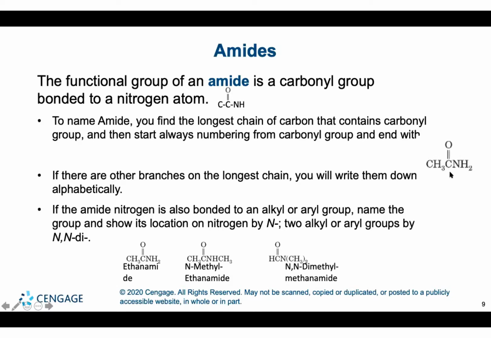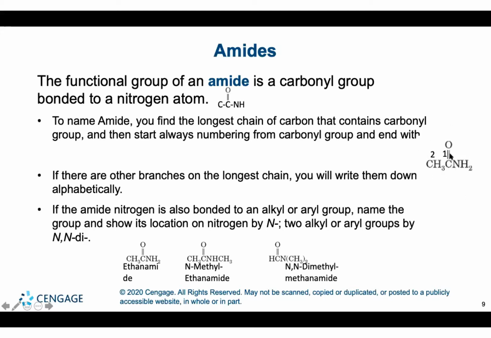When I want to number, I should go from the carbonyl to the left, because if I go from the carbonyl to the right, I reach nitrogen. If you remember, when we were finding the longest chain of carbon, it should all include carbon. So we should not go to the right because we reach nitrogen. We go to the left, so it's going to be 2 carbons in the longest chain.